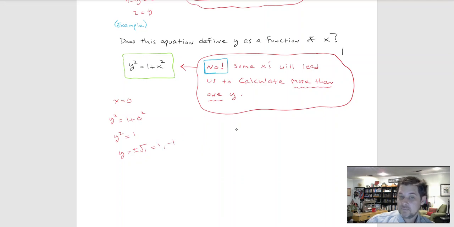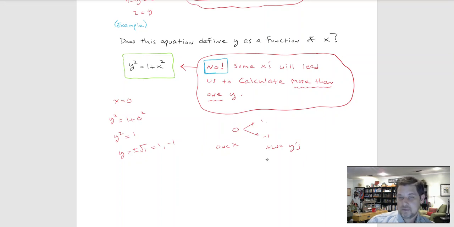So here's what we see. If x is 0, that gets paired with y being 1 on one hand and negative 1 on the other hand. Okay, so I get 1 x paired with 2 y's. And that's why it's not a function. The nature of this equation is it's possible that 1 x gets paired up with 2 y's.